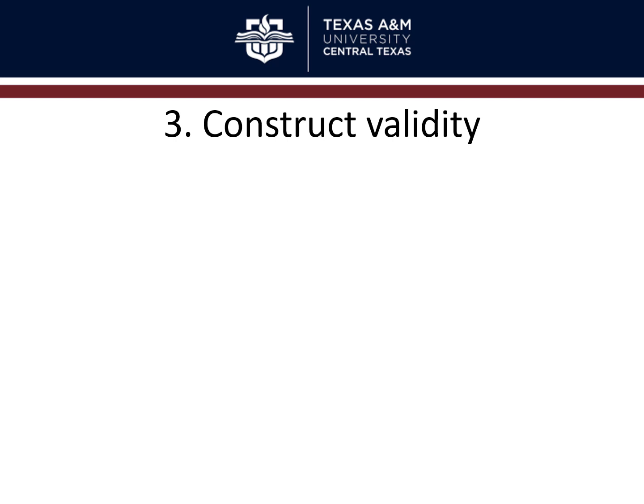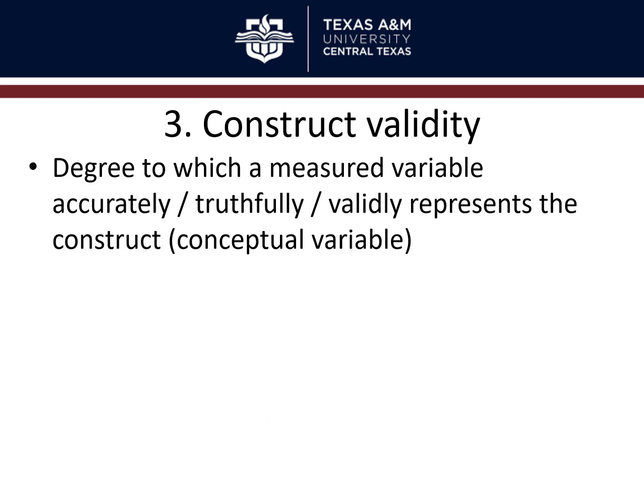We also want our measures to have good construct validity. And this is really kind of the big one of the 5 we'll talk about. So construct validity is the degree to which a measured variable accurately, truthfully, validly represents, measures, assesses the construct or conceptual variable that we're interested in, right?